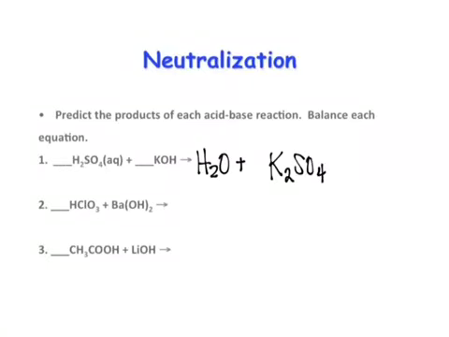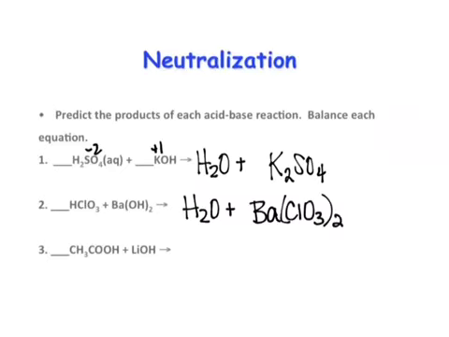So I have to go back and look at those charges. K's a +1 and sulfate's a -2. What about the next one? What's water and BaClO3 with a 2. Barium's a +2, chlorate's a -1.